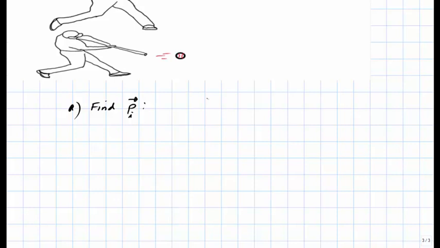Now, we developed the equation for momentum. The initial momentum is simply given by the mass times the ball's initial velocity. And notice that I'm placing arrows on top of the momentum as well as on the velocity to note that the direction is important because these are vector quantities. In other words, if the ball is traveling to the right, I'll enter the velocity as a positive value.